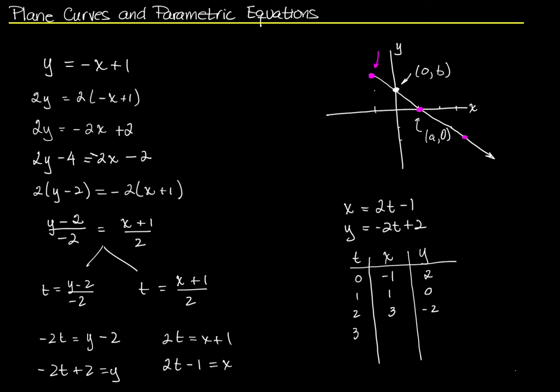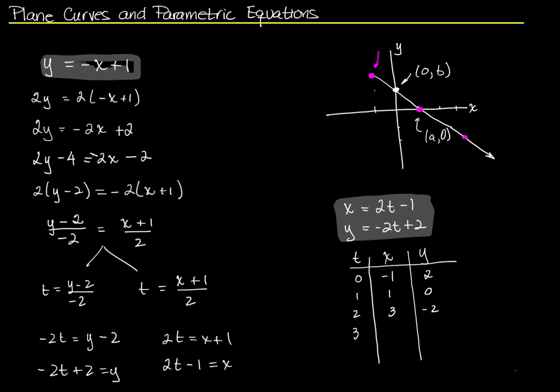And so what we call this pair of equations here is, we call them parametric equations, because in order to graph basically the same information that we had with just this version, we had to introduce this third variable. We call that third variable a parameter.